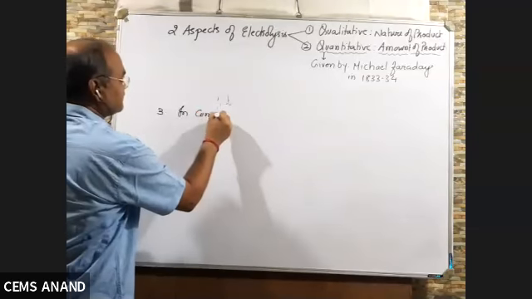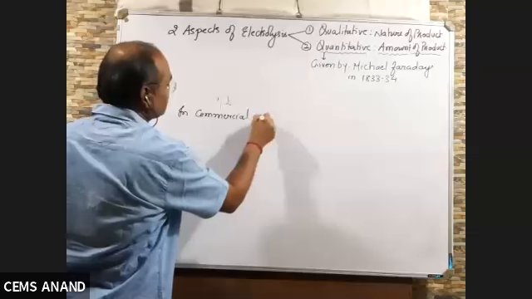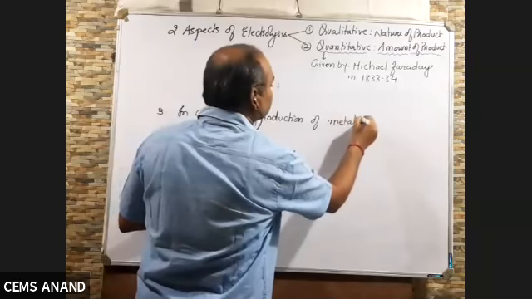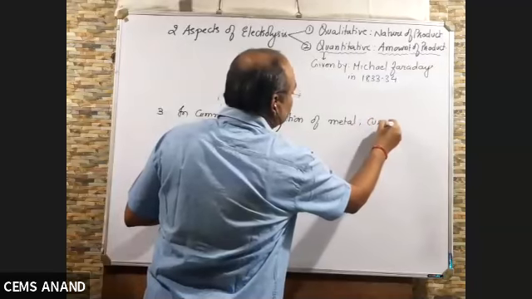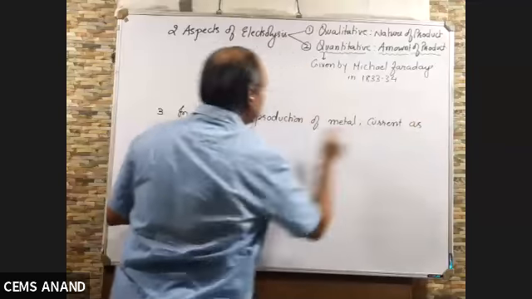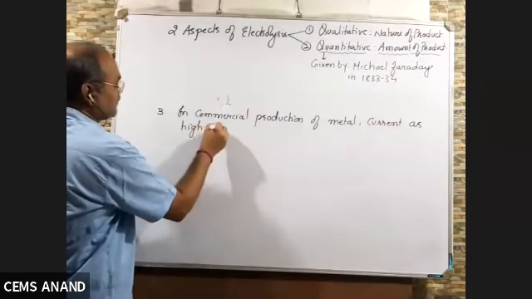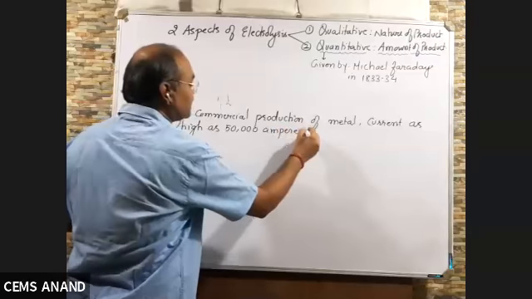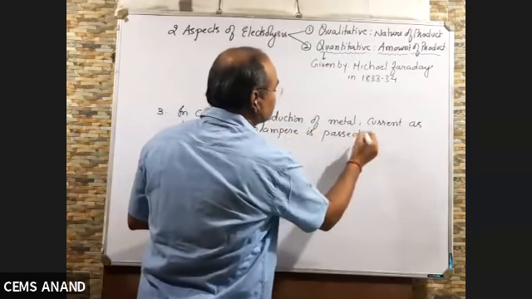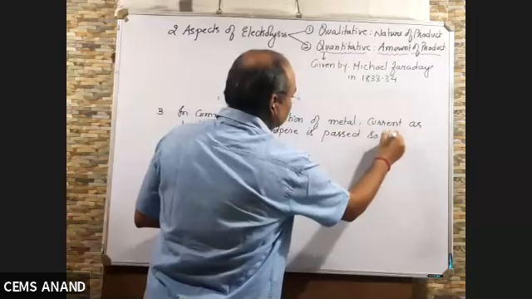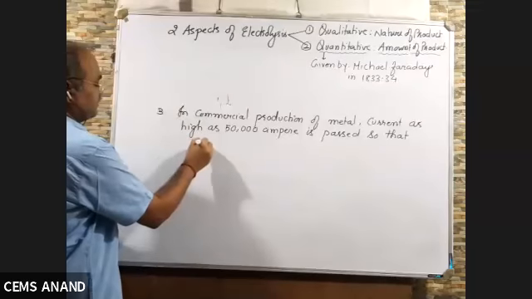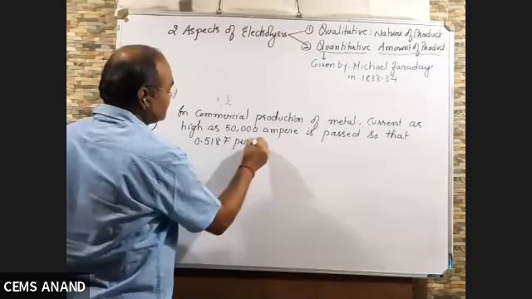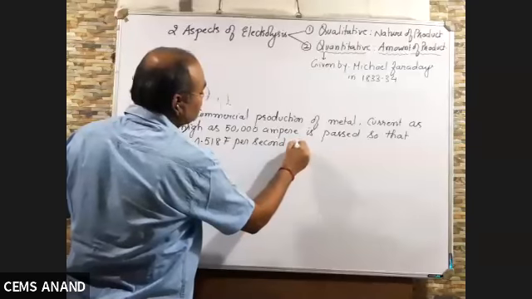In commercial production of metal, current as high as 50,000 ampere is passed so that 0.518 Faraday per second is used.